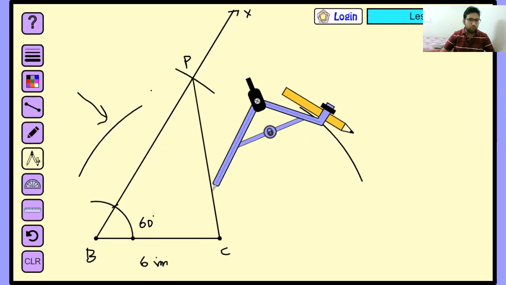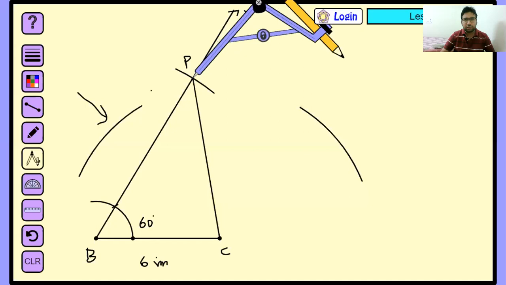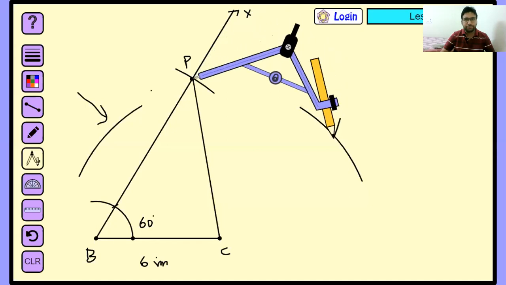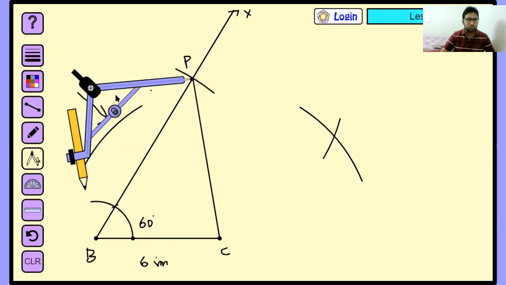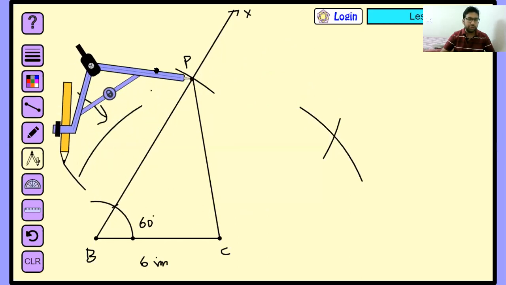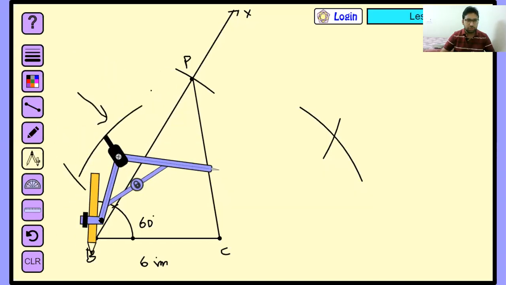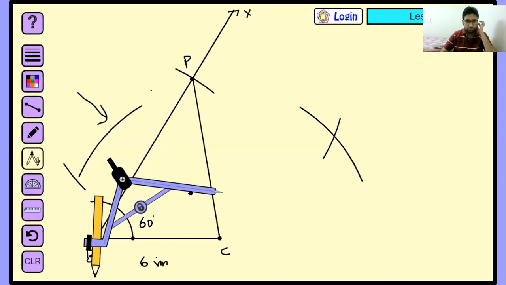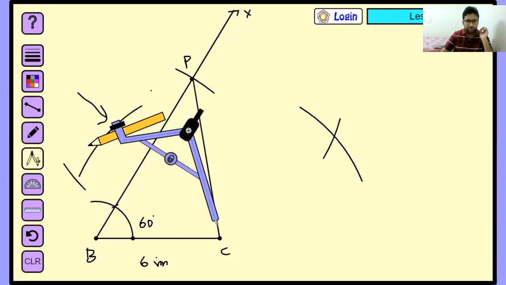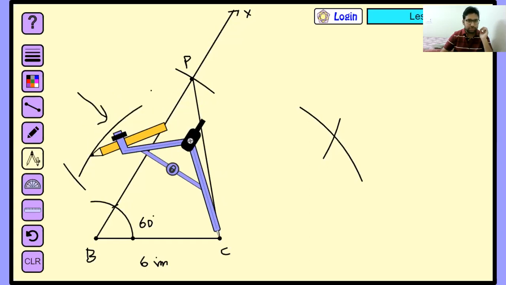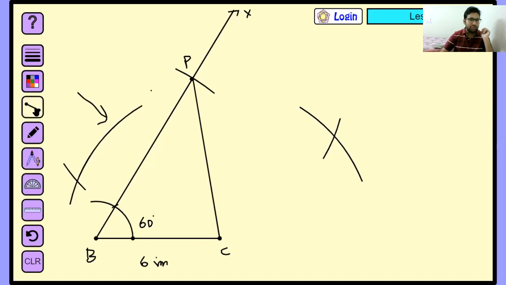Then we will keep the compass on point P and take another arc. It went short, so we have to extend that again, keeping on C again. So class, we have obtained the perpendicular bisector. Just join it.